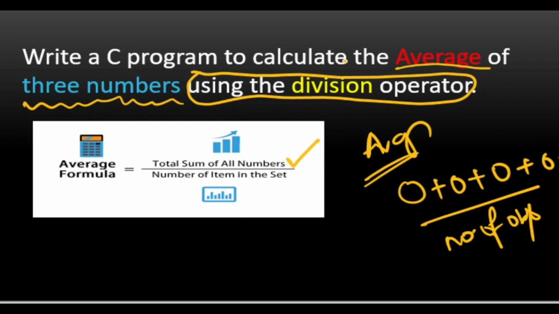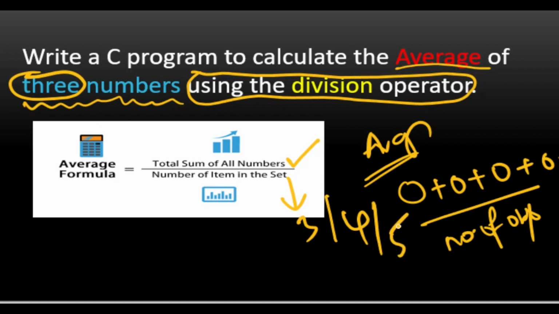In this case, to calculate the average of three numbers, the denominator is 3. If it is the average of 4 numbers, then the denominator is 4. If the denominator is 5, then the number of items is 5. Okay, the denominator is the number of items.